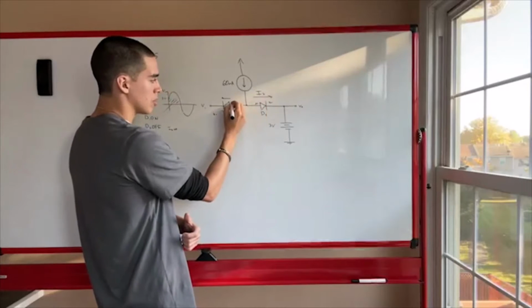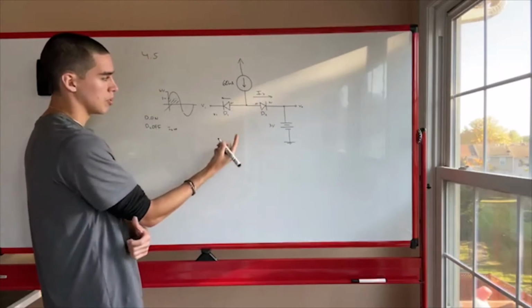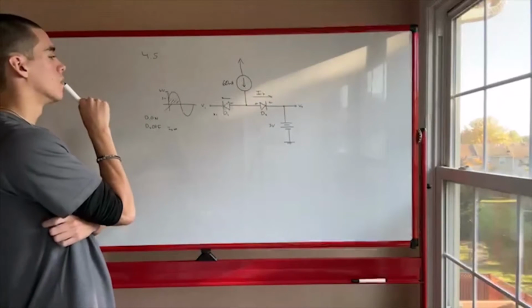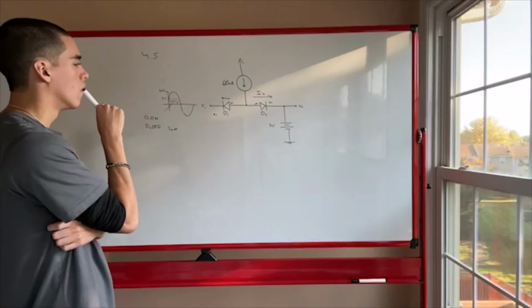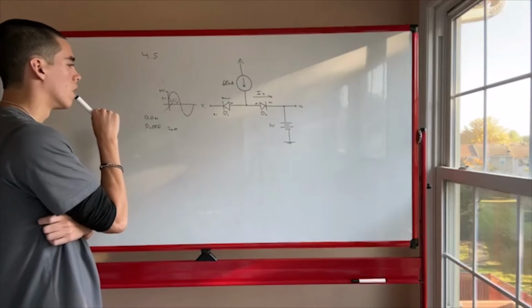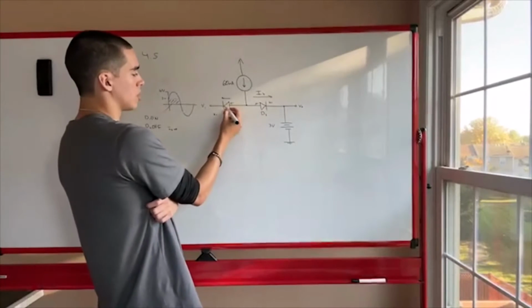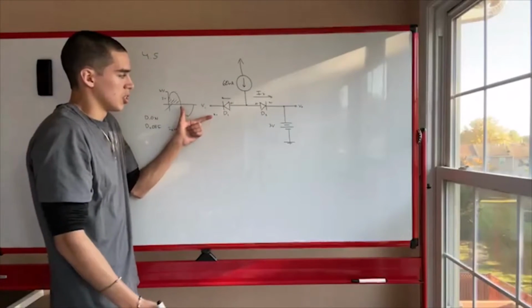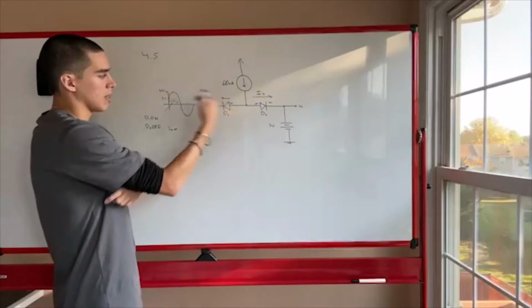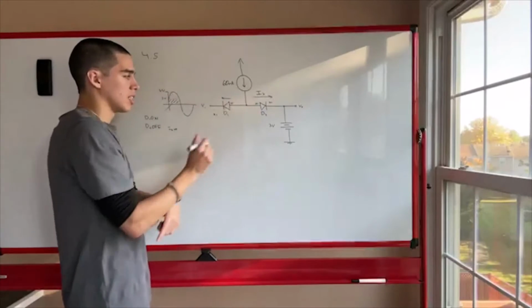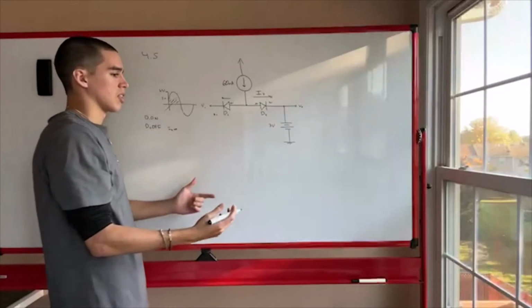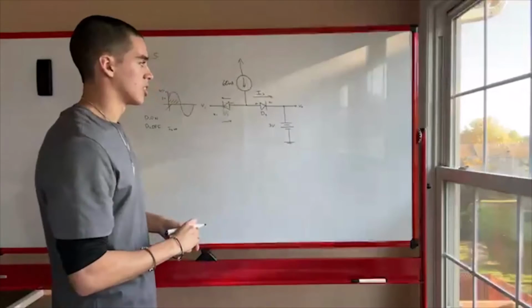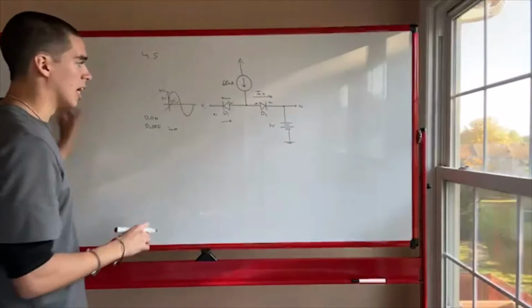So if this were 3 volts and this were 3.1 volts, this is a higher voltage, so current would not be able to conduct in that direction, because current travels from higher to lower voltage, and that would be in the direction in which ideal diodes don't conduct.